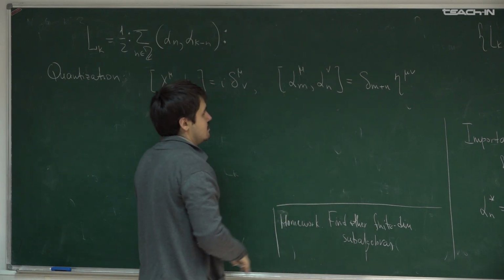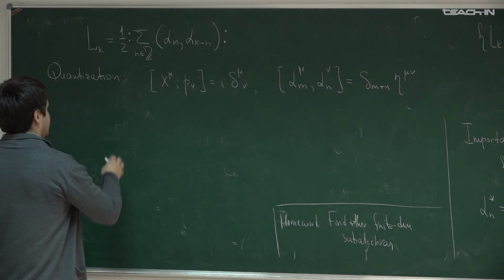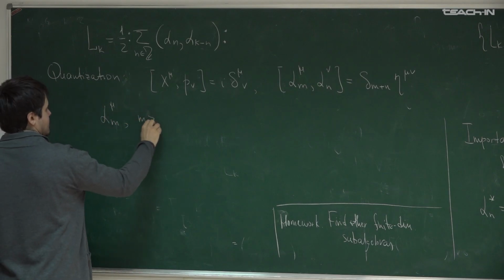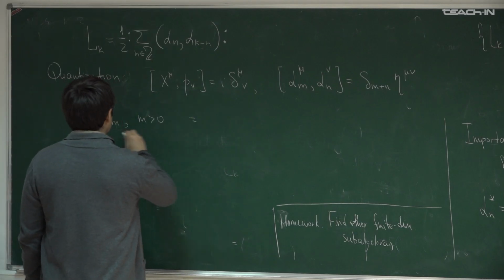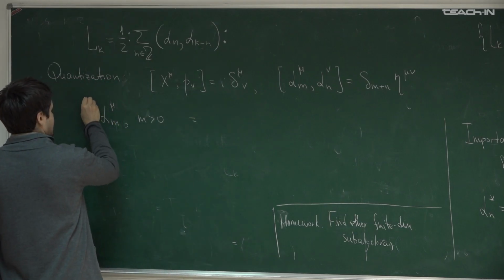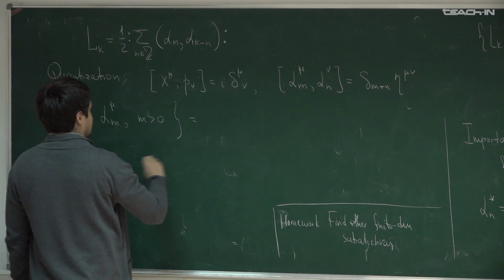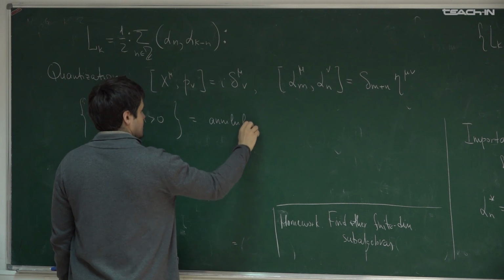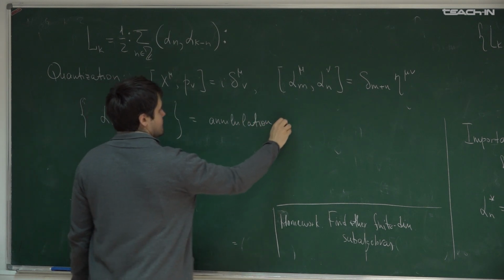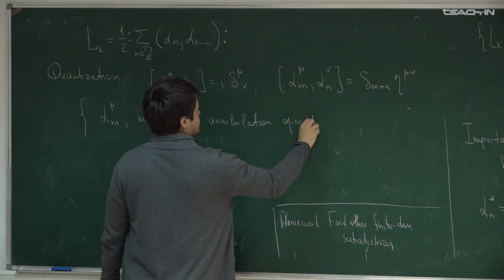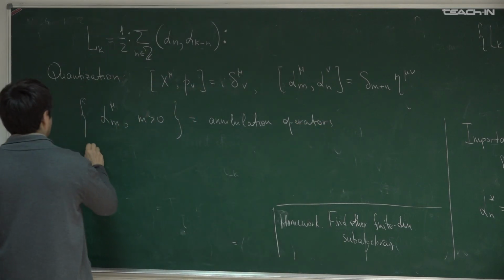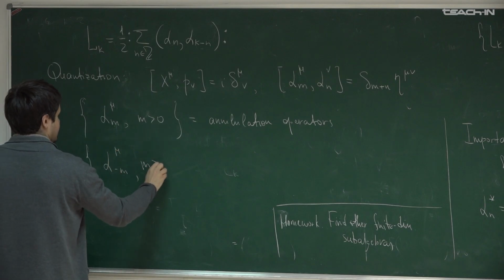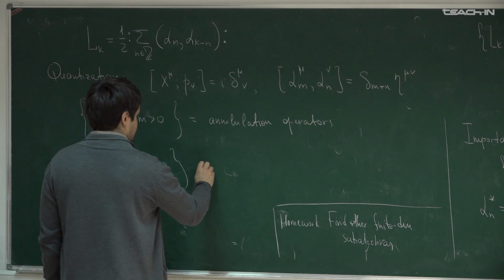So we make some agreement that alpha_m with m positive are annihilation operators, and alpha_{minus m} with m positive are creation operators.